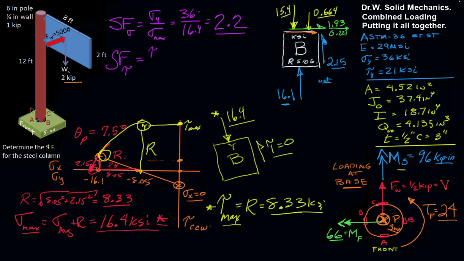That'll be tau yield over tau max. The yield stress for the steel is 21 KSI, and our peak value for tau is 8.33, which is 2.5 safety factor there. Now we pick the lowest of those two, which is 2.2, so our final answer is a safety factor of 2.2.